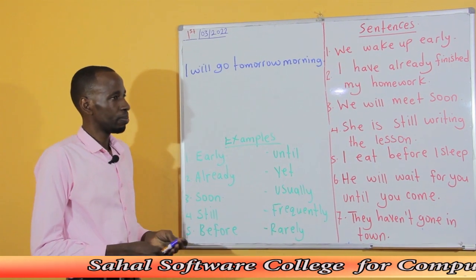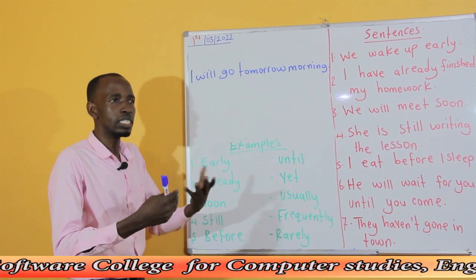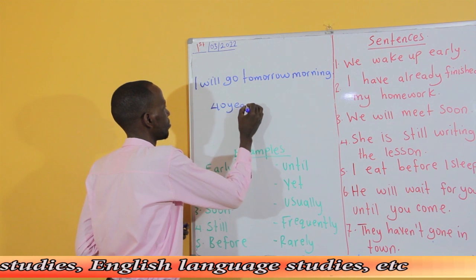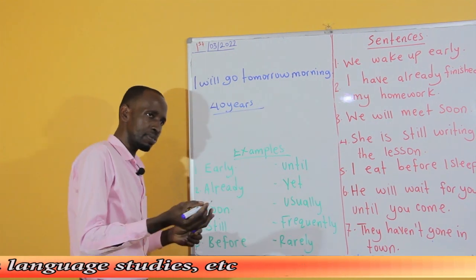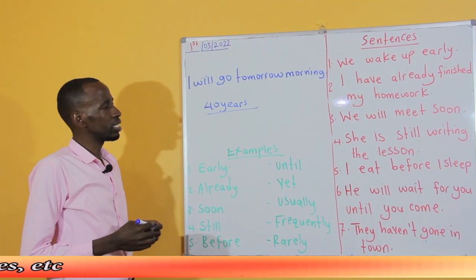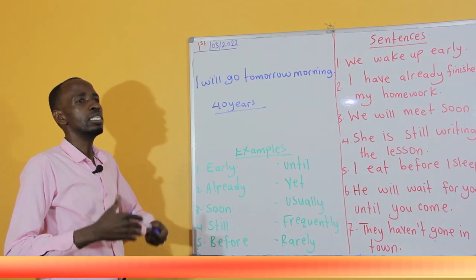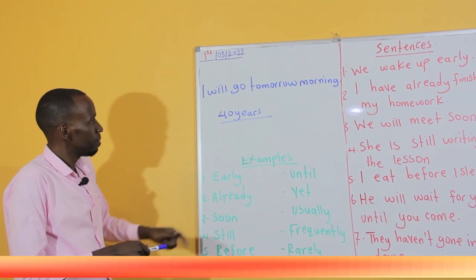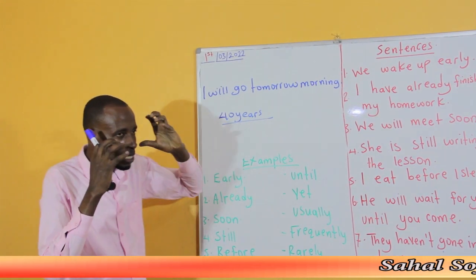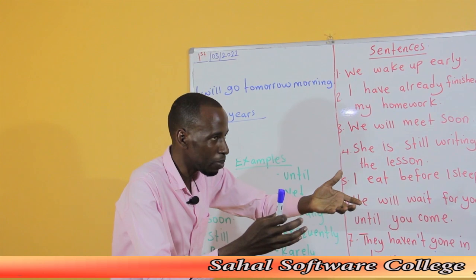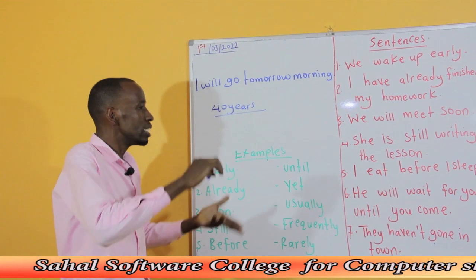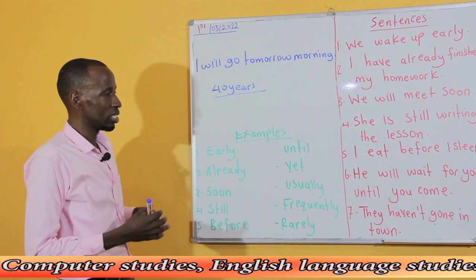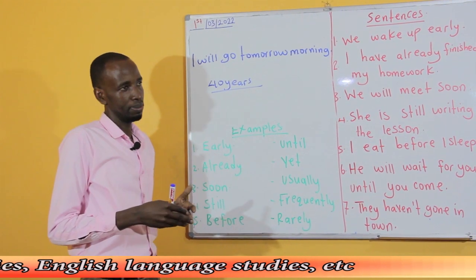Because I'm still single. If you are 40 years old, when you are introducing yourself in public, it's better to say, I am still single and searching, maybe if you are looking for someone. Because at 40 years, we expect you to look for someone. So you should put still to show that the situation is still moving.